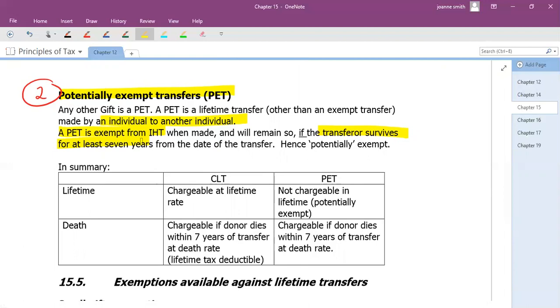It's only if the transferor doesn't survive 7 years that the tax has to be paid. So this is all about timing, trying to give your estate away before you get too close to your death, which I know again sounds quite depressing, but it is a way of avoiding high taxes if you've got a large volume of assets.